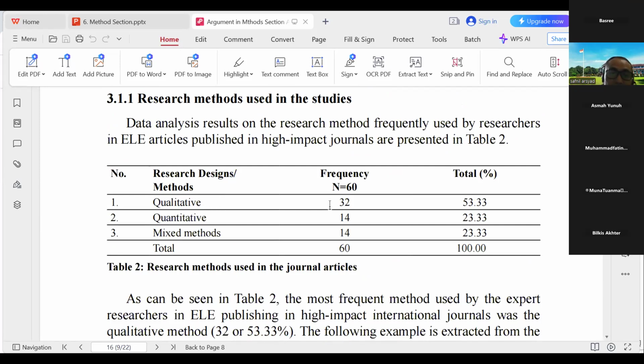The result, you see here: the studies using qualitative design are 53.33%, half of the whole articles, and quantitative, 23%, and mixed method, 23%, out of 60 articles. You see, in English language education, the dominant research design used is qualitative.